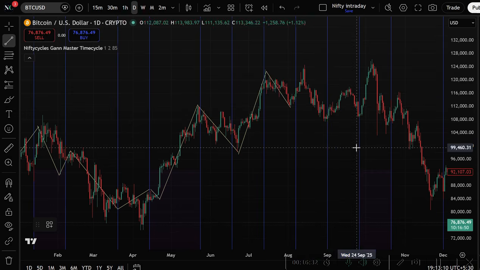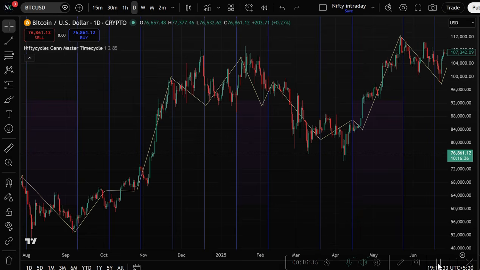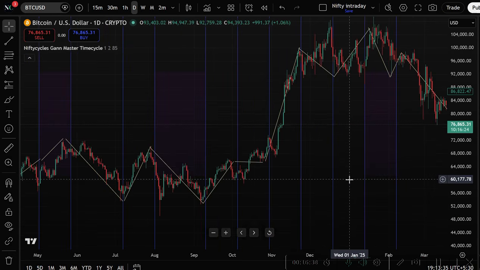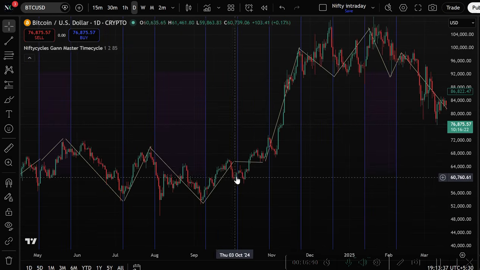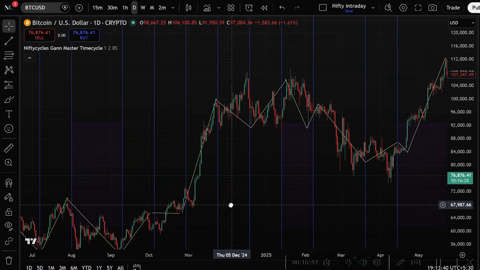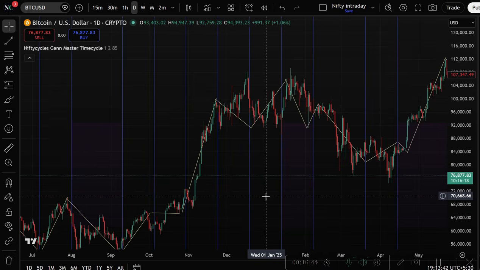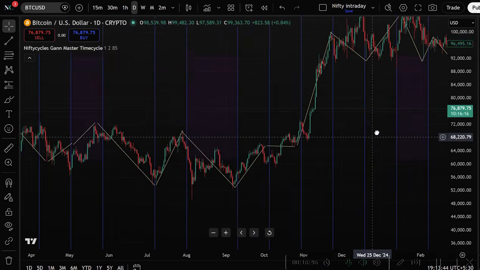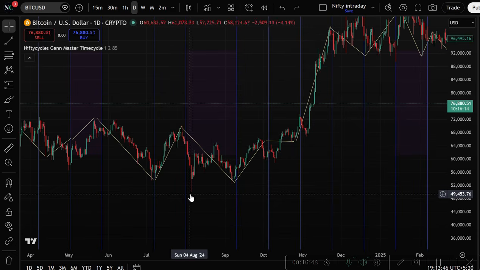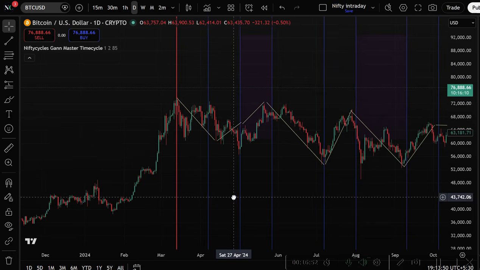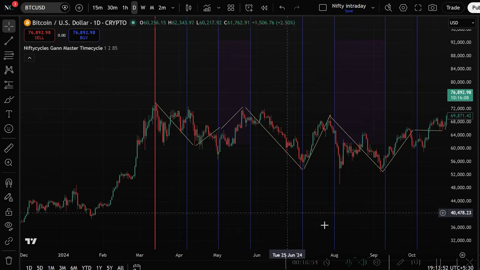Sometimes it's a sideways chop, right? So a lot of these moves are not as clean as Nifty or Dow Jones, right? So sometimes it misses a little bit. We need a little more accuracy. Okay, so I don't think this is a correct anchor. So it takes some time to hunt an anchor.